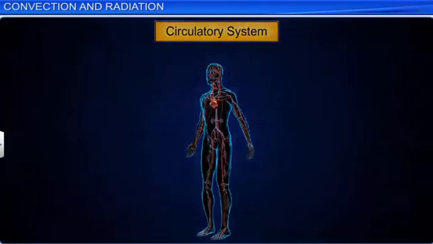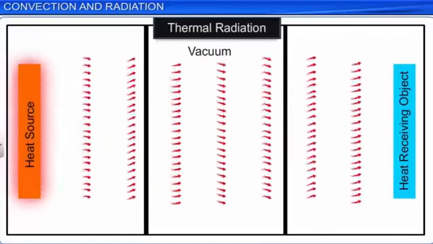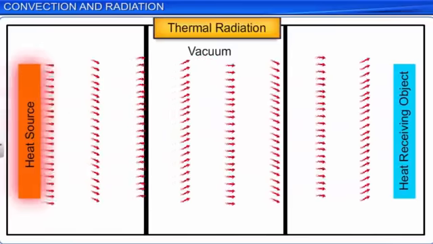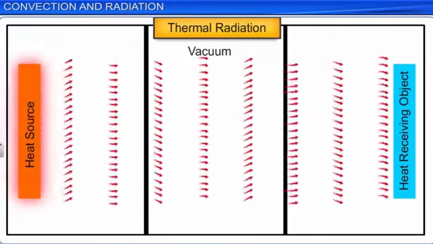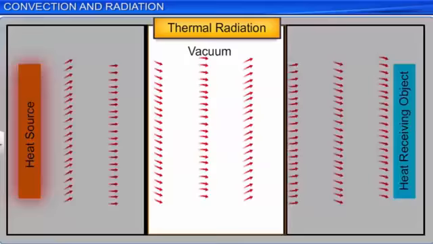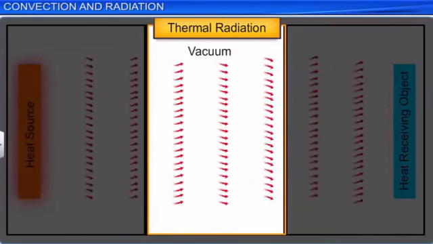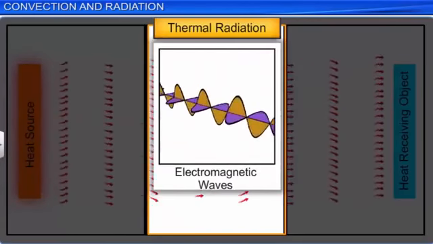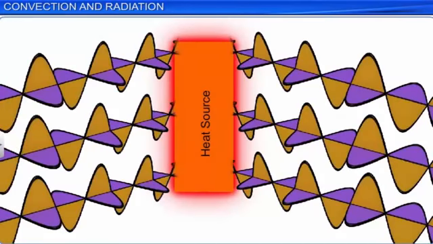The third mode of heat transfer is thermal radiation, where heat is transmitted even through vacuum in the form of electromagnetic waves. The electromagnetic waves emitted by a body by virtue of its temperature is called thermal radiation.